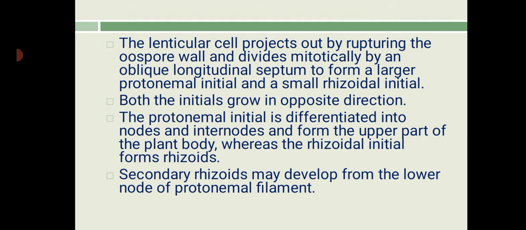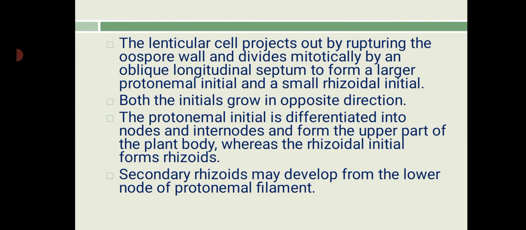Now the lenticular cell projects out by rupturing the oospore wall and divides mitotically by an oblique longitudinal septum to form a larger protonemal initial and a small rhizoidal initial. जैसा कि स्लाइड के साथ मैंने डिस्कस किया था कि लेंटिकुलर सेल के बाकी तीनों न्यूक्लियाई डिसइंटीग्रेट या डिजेनरेट हो जाते हैं. उसके बाद जो लेंटिकुलर सेल है ये माइटोटिकली डिवाइड करती है and it forms protonemal initial and the small rhizoidal initial.